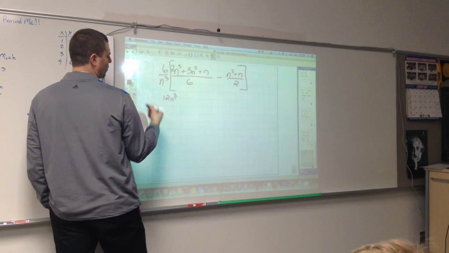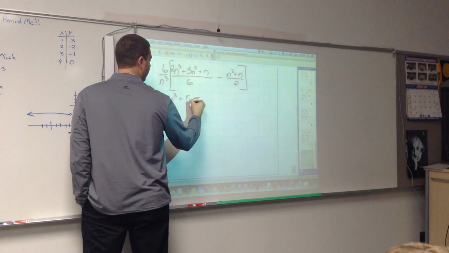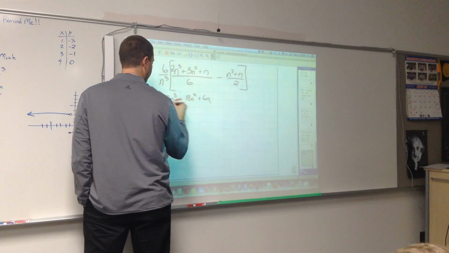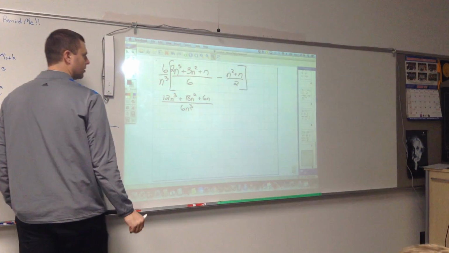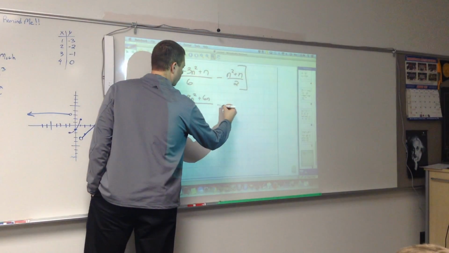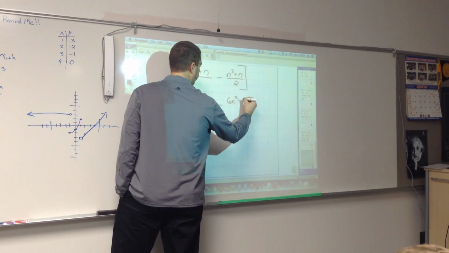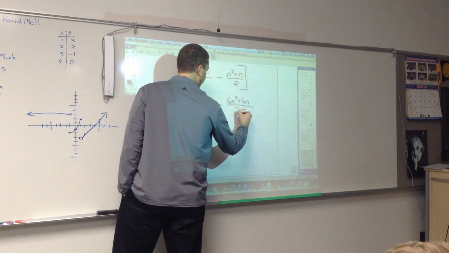I was going to put each one over 6n cubed, plus 18n squared plus 6n all over 6n cubed, minus 6n squared plus 6n all over 2n cubed.